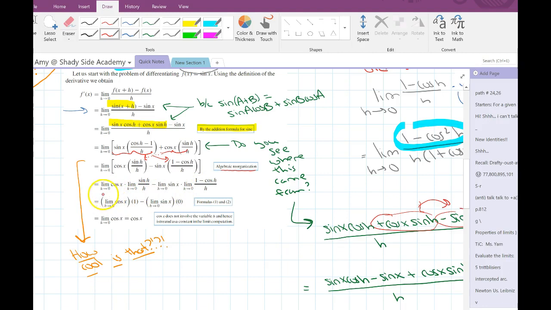And then as h approaches 0, oh my, you know this equals 1, and you know this will equal 0. That's our prereq. And at the end of the day, we get limit as h approaches 0 of cos x times 1 minus limit as h approaches 0 of sin x times 0. Well, anything times 0 just equals 0, and the limit as h approaches 0 of cos x is just cos x. Wait, this is a first for us. This is a first for us.